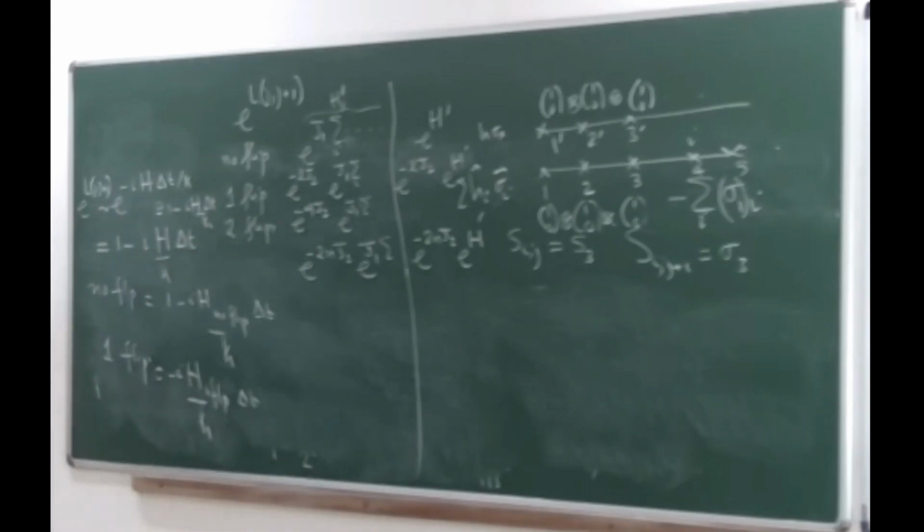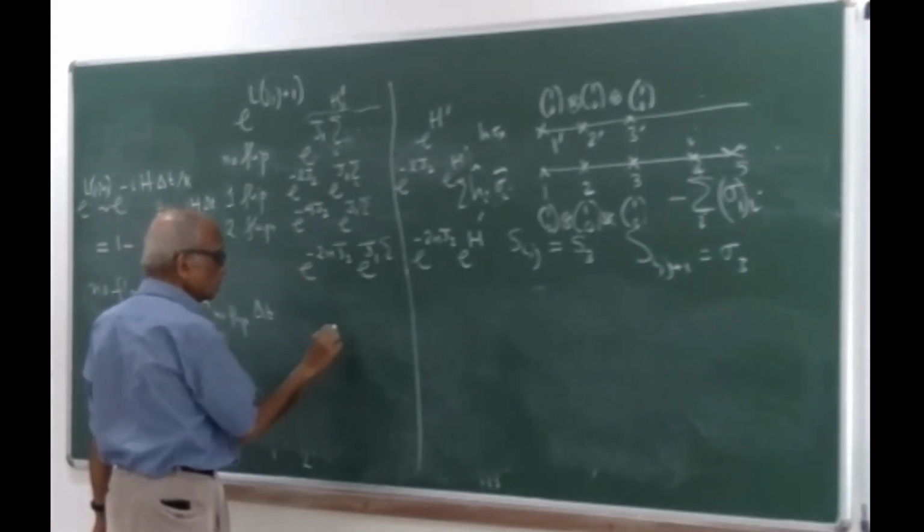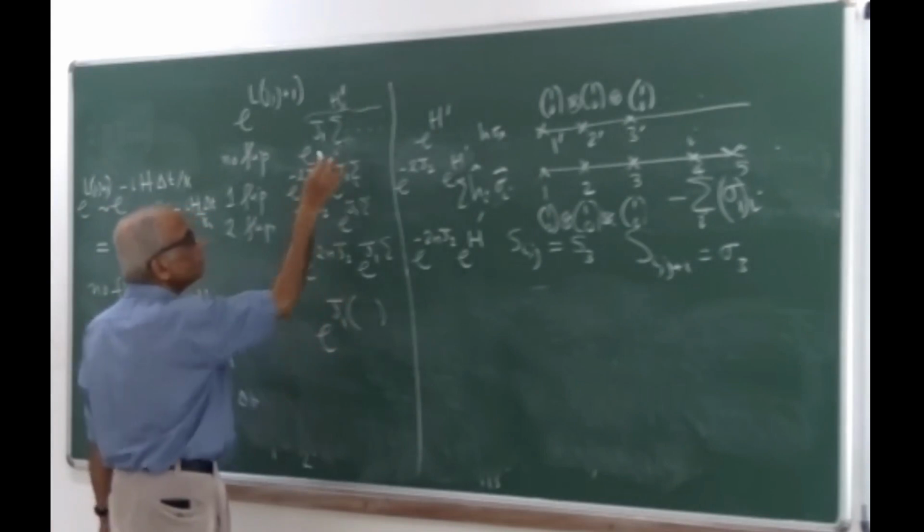Now the point is that there has to be one final argument before one can get this done. All right. So what about the first one? So this was e to the power j1 times what we had, right?